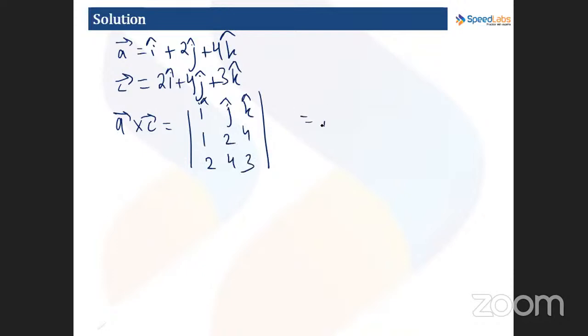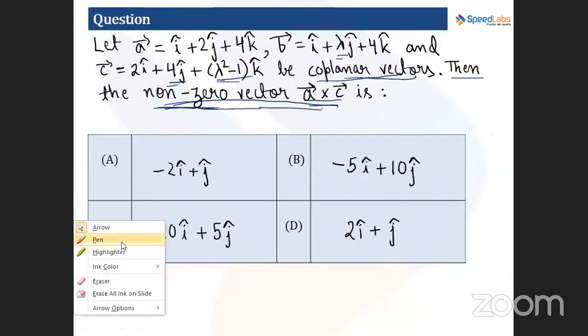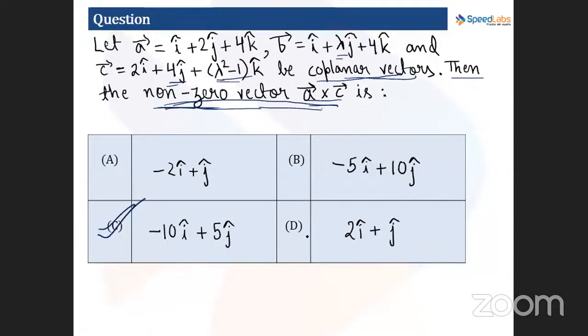So this is i cap (6 minus 16) minus j cap (3 minus 8) plus k cap (4 minus 4), which is 0. So this comes out to be minus 10 i cap plus 5 j cap. So the correct option is option C.